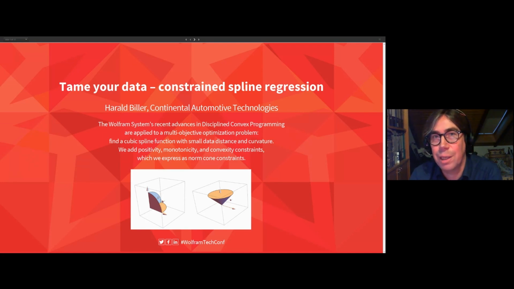We approximate a data series, just a number of points in the plane. We may also minimize the integral curvature. And then we add constraints, such as the spline function should be positive or increasing or convex, left-turned.